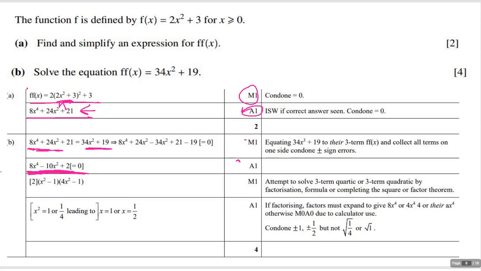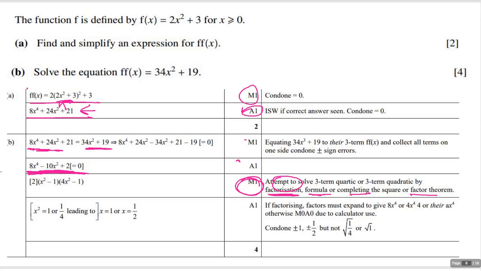And now, an attempt to solve the 3-term quadratic. Again, you'll notice how they say specifically, either factoring or formula or complete the square or factor theorem. But in order to get this point, you have to show some method for solving that thing. I did it by hand, but you could easily just write the quadratic formula and use your calculator.